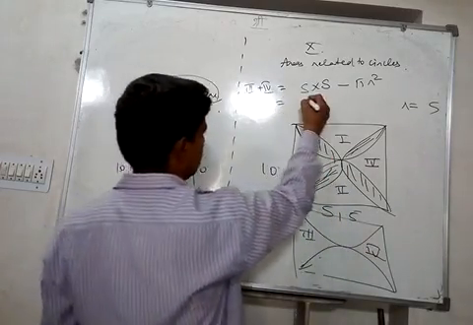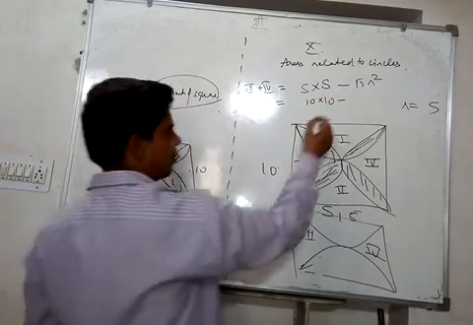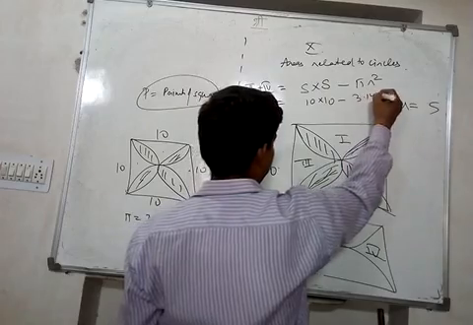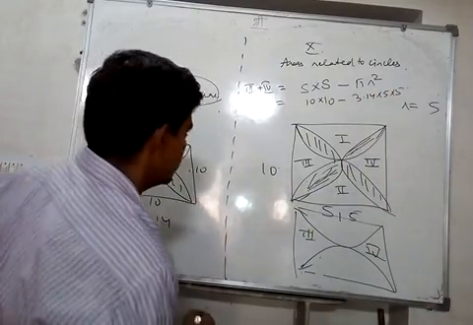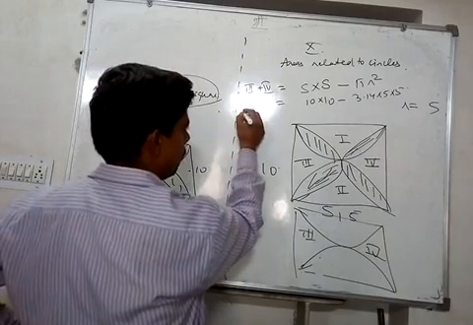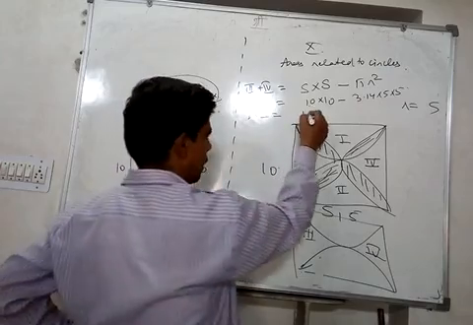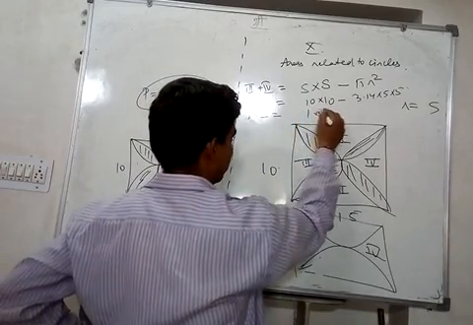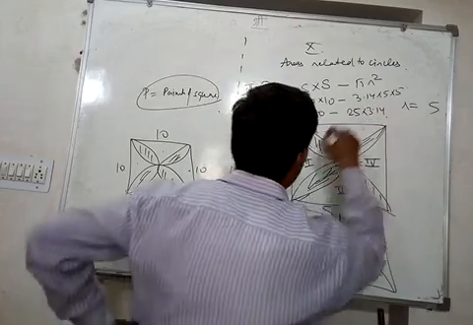So this is 10 into 10 minus, we have to take pi as 3.14, so 3.14 into 5 into 5. This is 3 plus 4. Similarly, 1 plus 2 is exactly the same, so that is also 10 into 10, that is 100 minus 25 into 3.14.